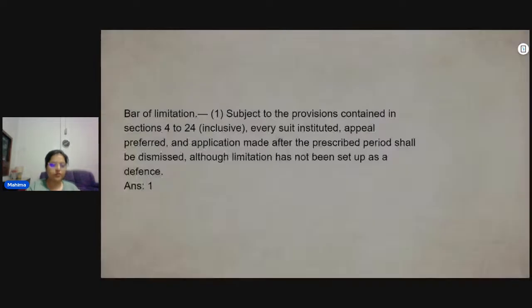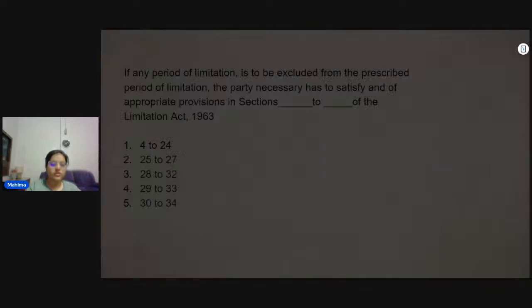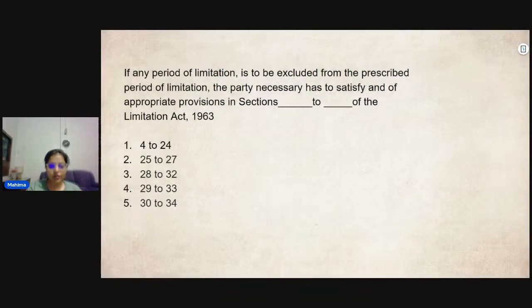Yes, it is section 4 to 24, and very well mentioned also. It is mentioned under section 3 of the Limitation Act that the party has to satisfy the appropriate provisions of sections 4 to 24 for the period to be excluded.